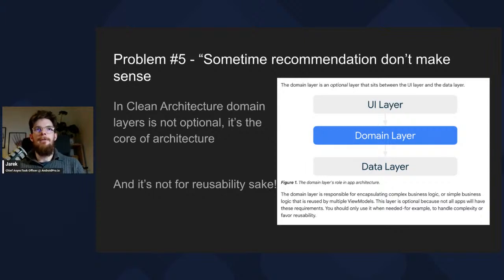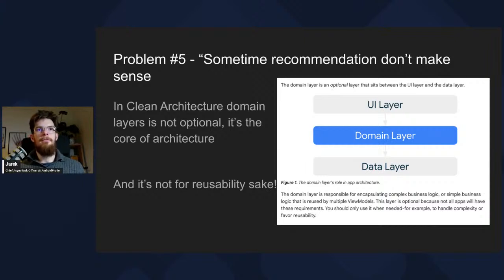they talk about the domain layer being an optional layer. And when we are thinking in terms of clean architecture, the domain layer is not an optional layer. We don't introduce the domain layer for reusability's sake, but to describe our app behavior in pure Kotlin without any Android dependency.